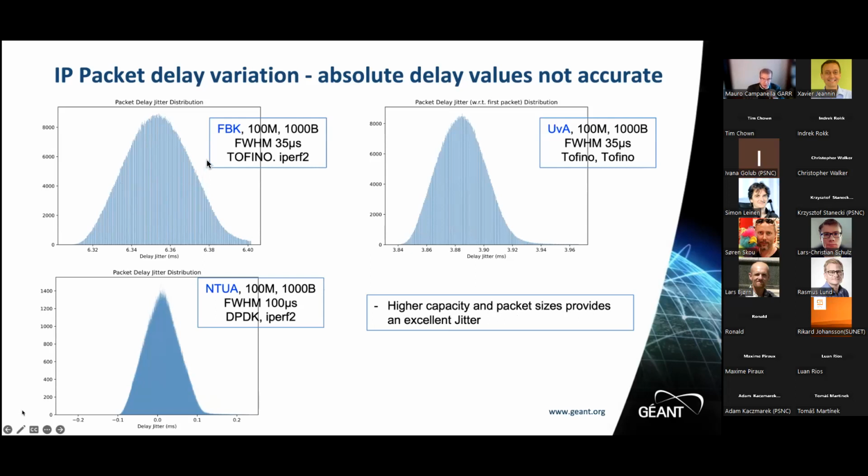So it's an additional reduction in the variation of the end-to-end delay, the packet delay. Tofino is also very good. Note that the tail is smaller in percentage and the peak itself is much better too.